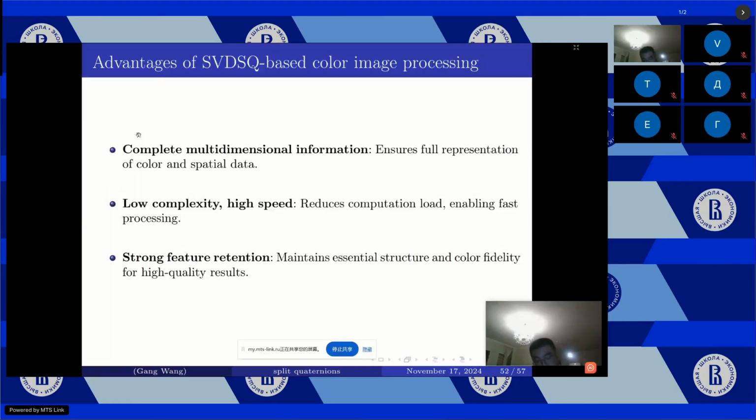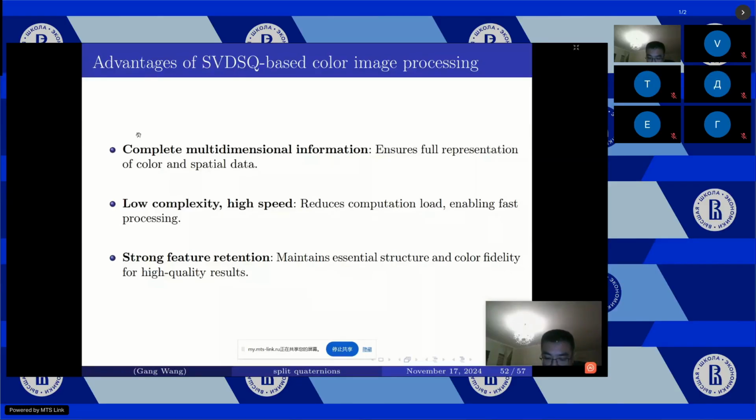The advantages of SVD-SQ based color image processing include the complex representation of multidimensional information, which ensures full portrayal of both color and spatial data. Additionally, this method features low complexity and high speed, significantly reducing the computational load and enabling fast processing.